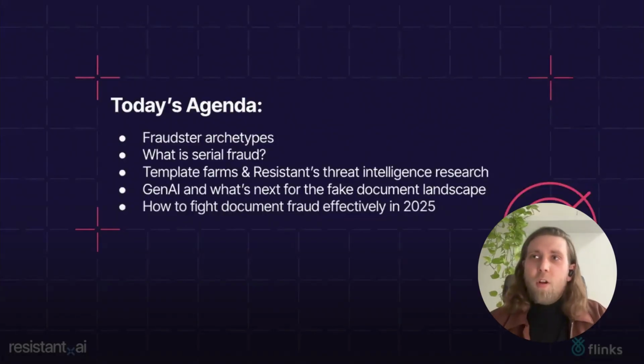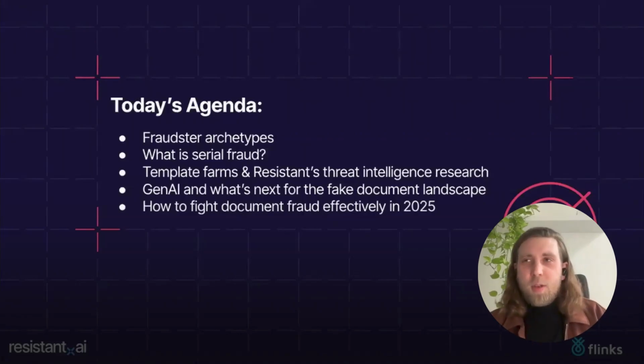overall, I would say, almost to a degree, democratization of the fake document generation, because what used to take serious skills and advanced tools to do proper forgeries, right, is now way more accessible, and it applies both to the template farms phenomena that we're going to talk about, but also the Gen AI, right?